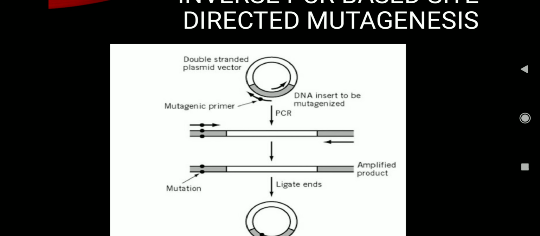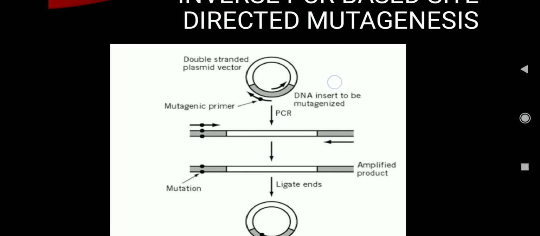Whereas in nested PCR you used overlapping primers, here you're using non-overlapping primers which are inverse. This was developed by Helmsley in 1989. Helmsley is the spelling of the scientist's name.